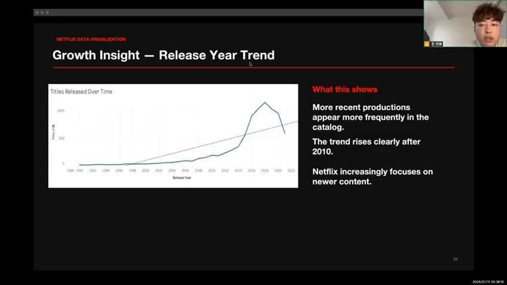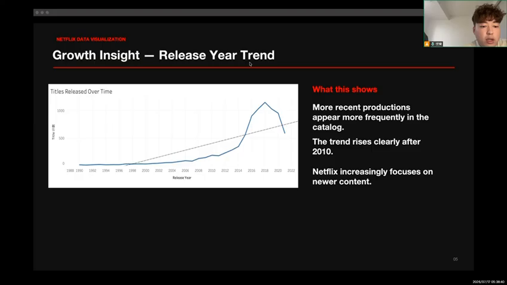The third visualization is the titles released over time. Unlike the previous chart, this one focuses on the release year of the content instead of the year it was added. We can see a steady increase in newer productions, especially after 2010.